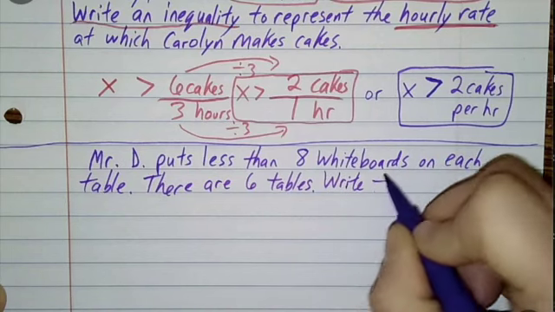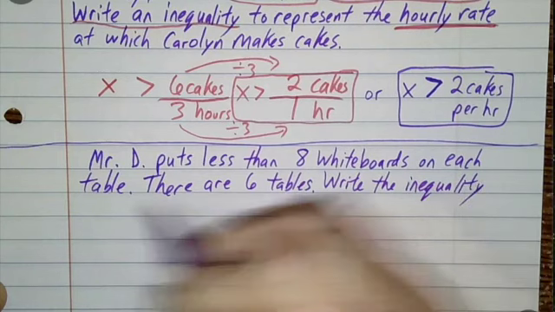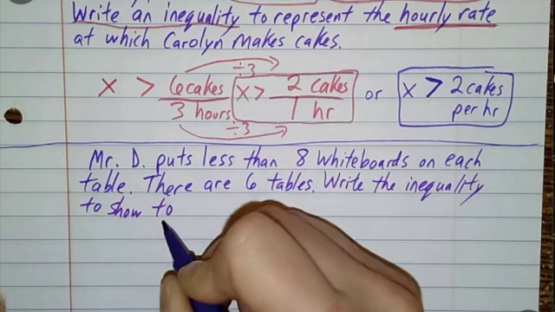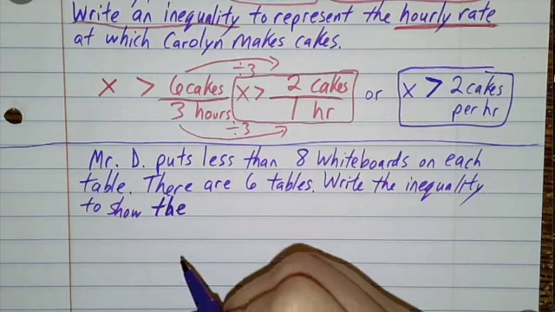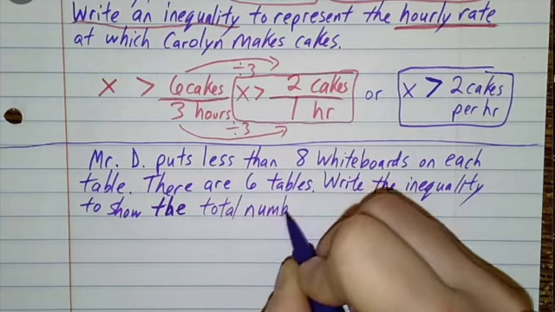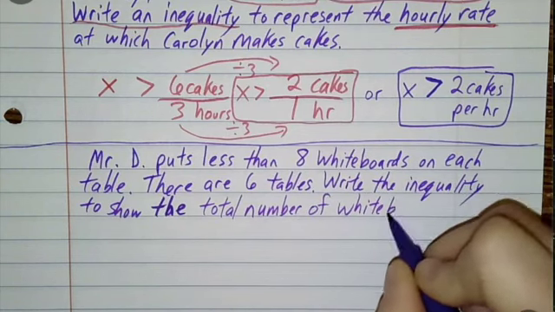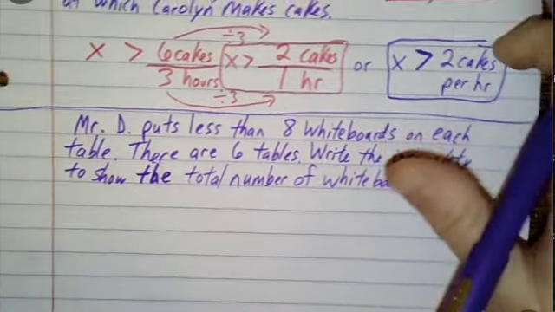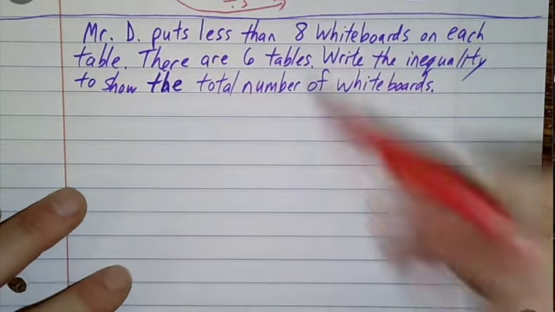Write the inequality to show the total number of whiteboards. So they're going to give you a clue, and then you have to write the inequality. So we're writing the inequality again.